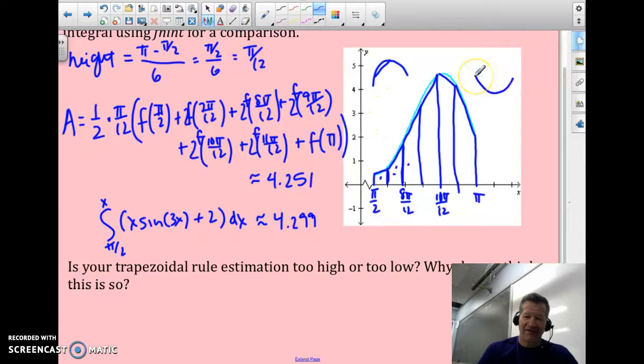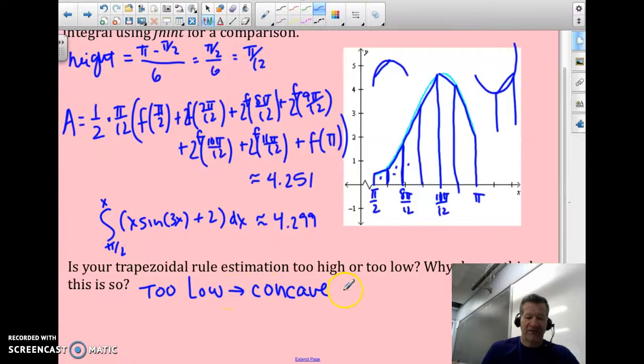If I had a graph that was concave up, and here's a trapezoid coming up, and I attach those, now you'll notice that the area under is a little bit too big. So my estimate is too low, and it's because the graph is concave down for the most part.